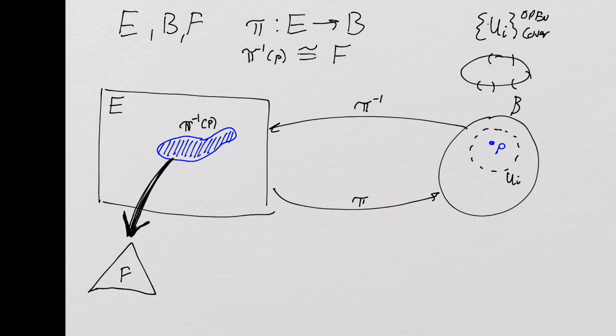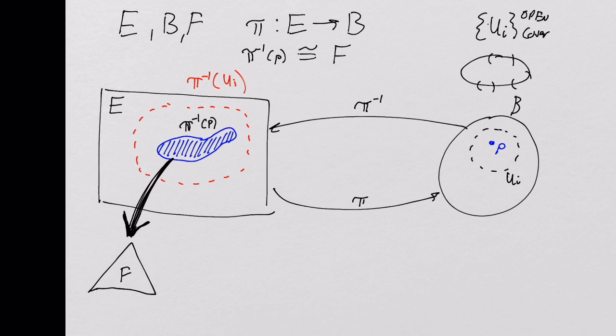So the continuity of the mapping, remember, always leans on the behavior of open sets under the inverse mapping. In this particular case, if I take an open set here, U_i, over here I'm going to get some set in E, and that set is going to be pi inverse of U_i.